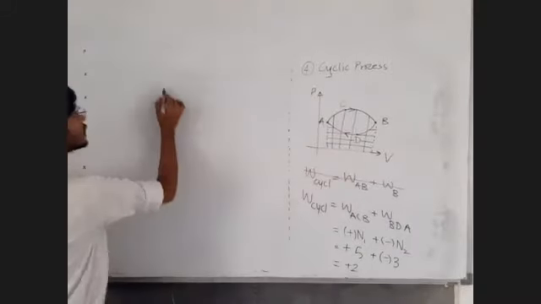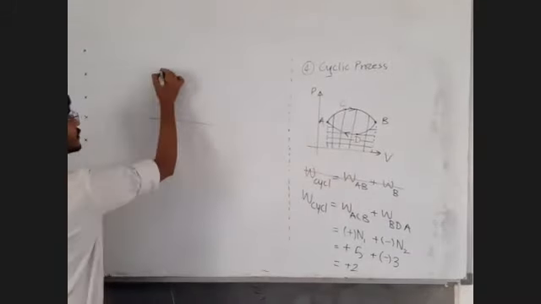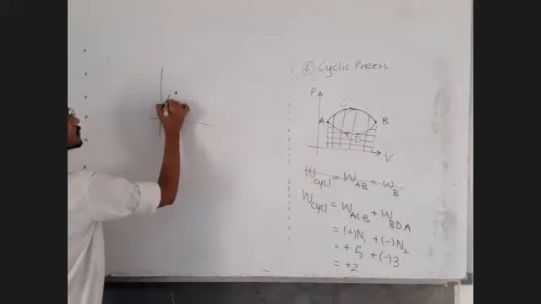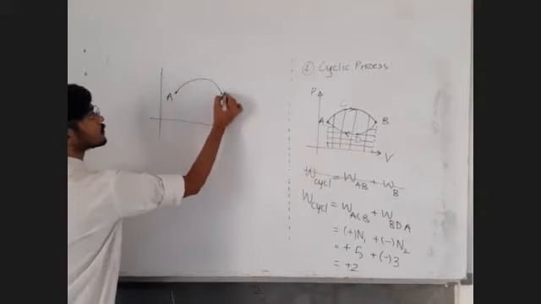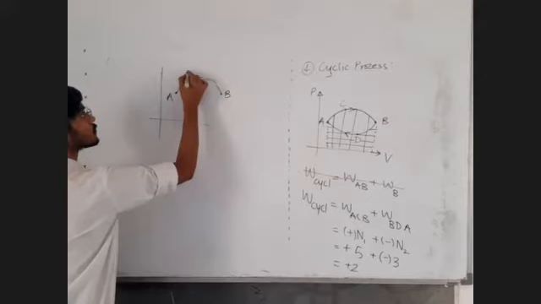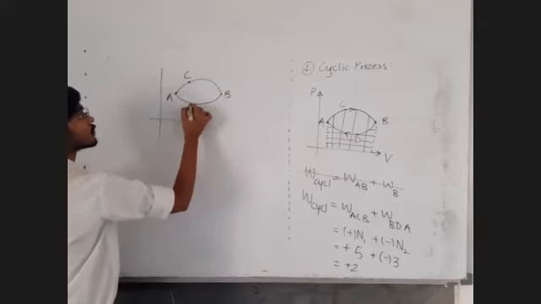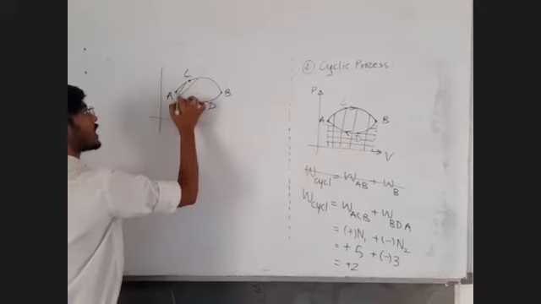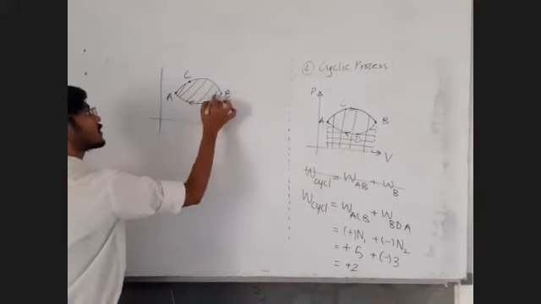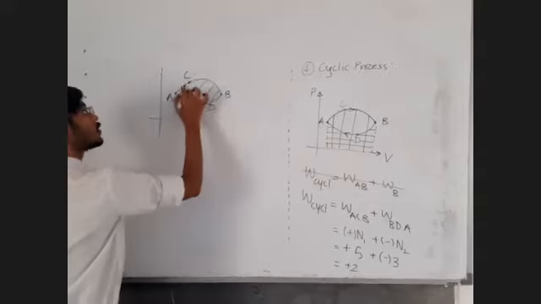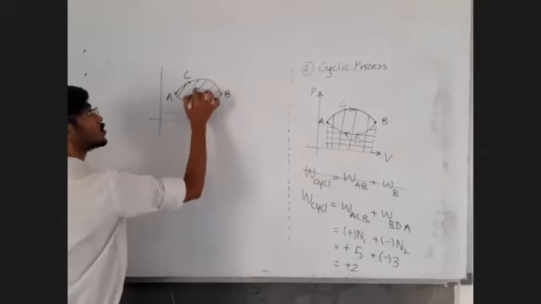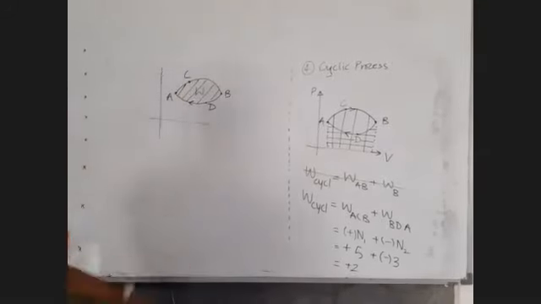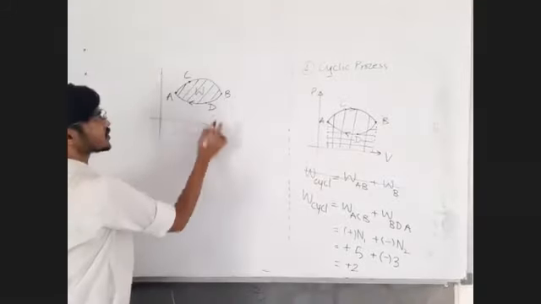So sir, what we shall say is this, try to understand. In short, can we say that this is the work done? Area enclosed is actually the work done. Forget about this part. Now this is going to be the work done.